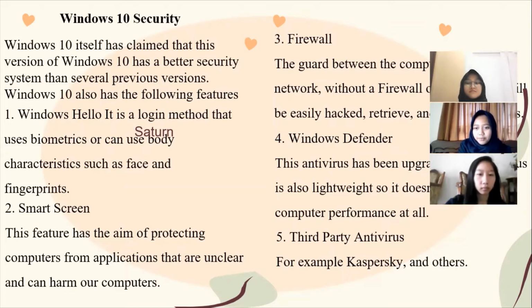Firewall. The guard between the computer and the network. Without a firewall, our computer will be easily hacked, and our files retrieved and accessed. 4. Windows Defender. This antivirus has been upgraded. It is also lightweight, so it doesn't interfere with computer performance at all. 5. Third-party antivirus, for example, Kaspersky and others.